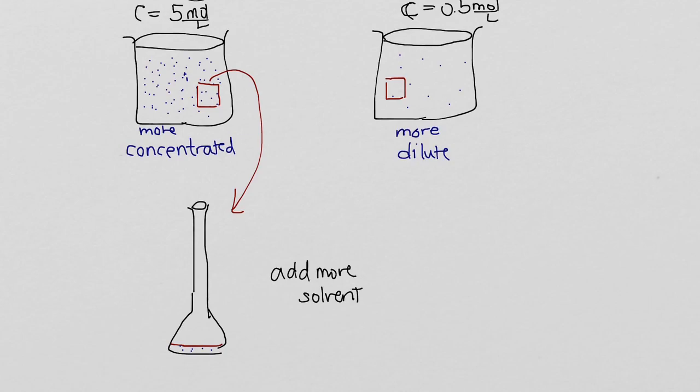So referring back to this, if you take this section of the solution out and you transfer it into another glassware, at this point, because you haven't added more water or solvent to it, the concentration right now is still 5 moles per liter. We haven't added any more solvent to make it more spread out, right? They were as crowded here as they were before. Nothing changed.